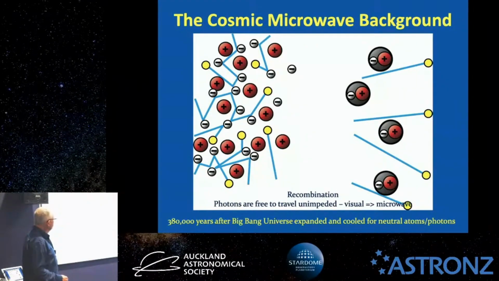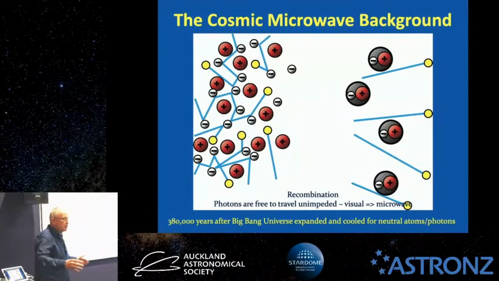So you formed your first neutral atoms, and that in turn allowed the photons of light, instead of just ricocheting and bouncing off charged particles, being absorbed, re-emitted and so on, to suddenly be free to travel throughout the universe unimpeded. Initially, they were probably at temperatures in the visual wavelengths, this first light that formed. They immediately permeated right throughout the entire universe, which was just filled with all these photons. But what happened to the universe?